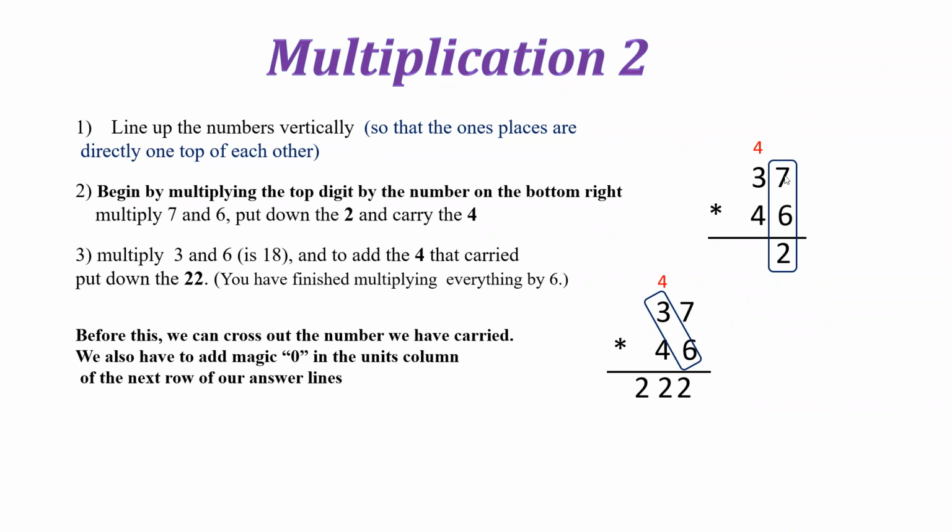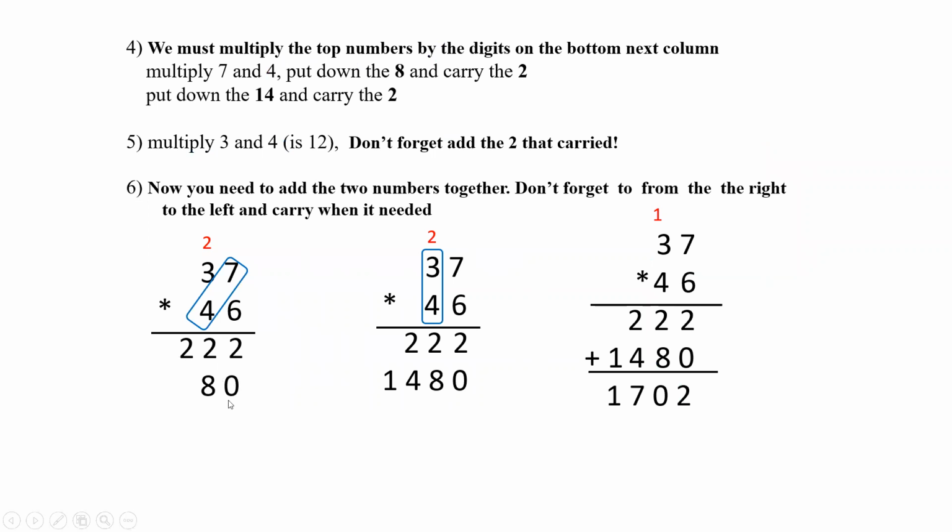Multiply 7 and 6, it is equal to 42, write 2, carry the 4, and multiply 3 and 6, it is 18, add carry 4, it is 22. Now we can cross out the number we have carried. We also have to add a magic 0 in the units column of the next row of our answer line. So here we add the magic 0.